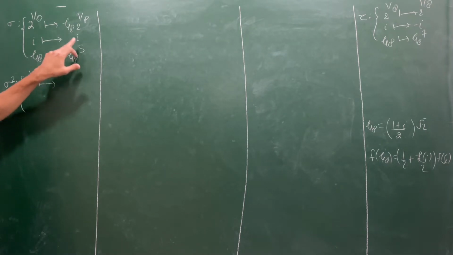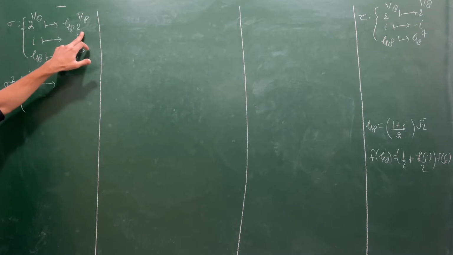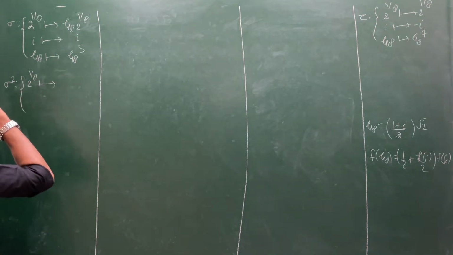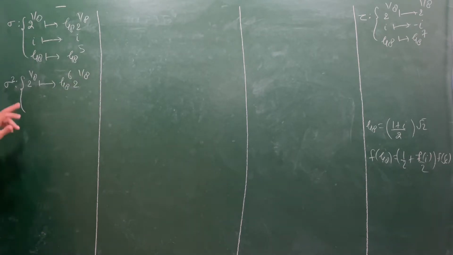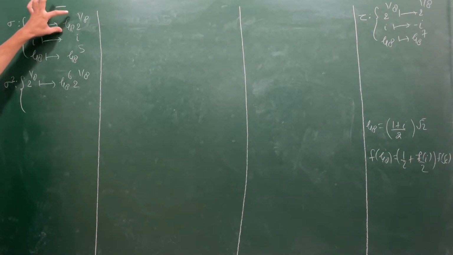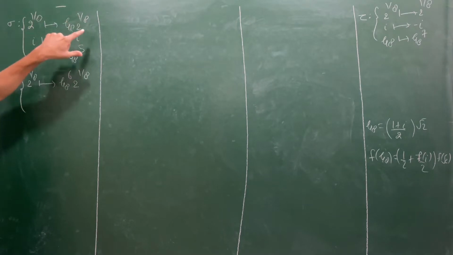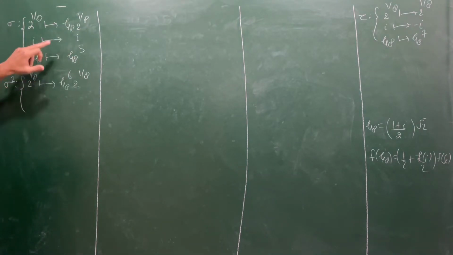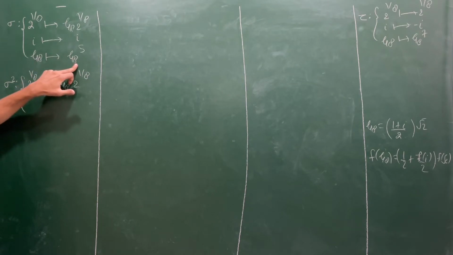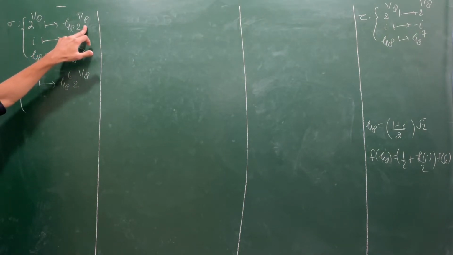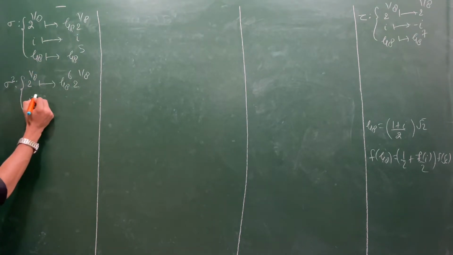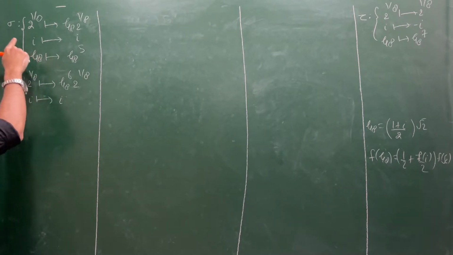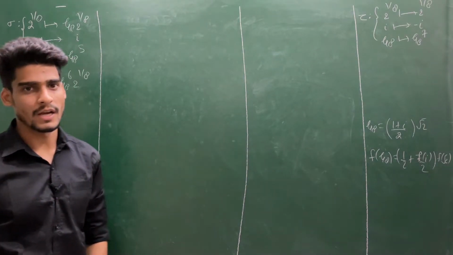So ζ8^5 into this element, so it will be ζ8^6 into 2^(1/8), because if you operate σ again on this element, and σ is an automorphism, you can write σ(ζ8) into σ(2^(1/8)). So σ(ζ8) is nothing but ζ8^5, and σ(2^(1/8)) is nothing but again ζ8 2^(1/8), so the ζ8 power will be 6. i will be throughout fixed, because if σ is fixing i, then every natural power of σ will fix i.